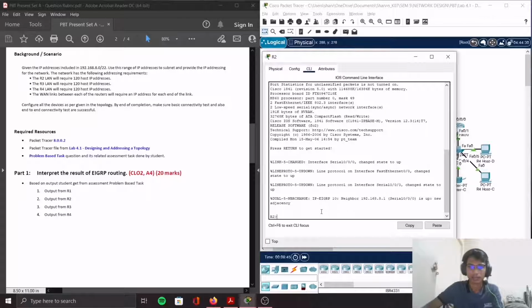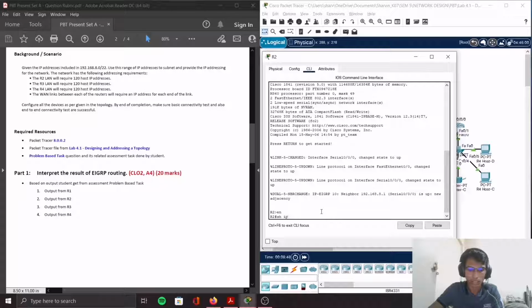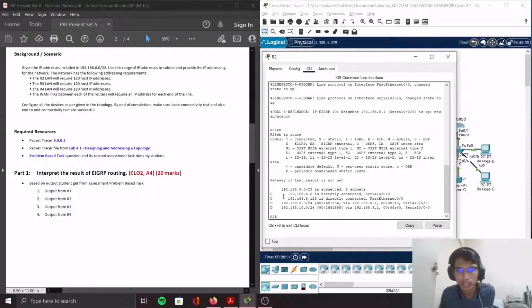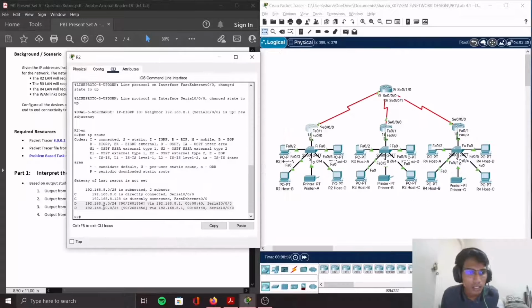Now let's see the output for R2. Go to the CLI, enable, and show IP route. You can see two networks are connected directly and another two are from EIGRP. Of those two, 192.168.9.0 represents the network between R1 and R3, and 192.168.10.0 represents the R1 to R4 connection.